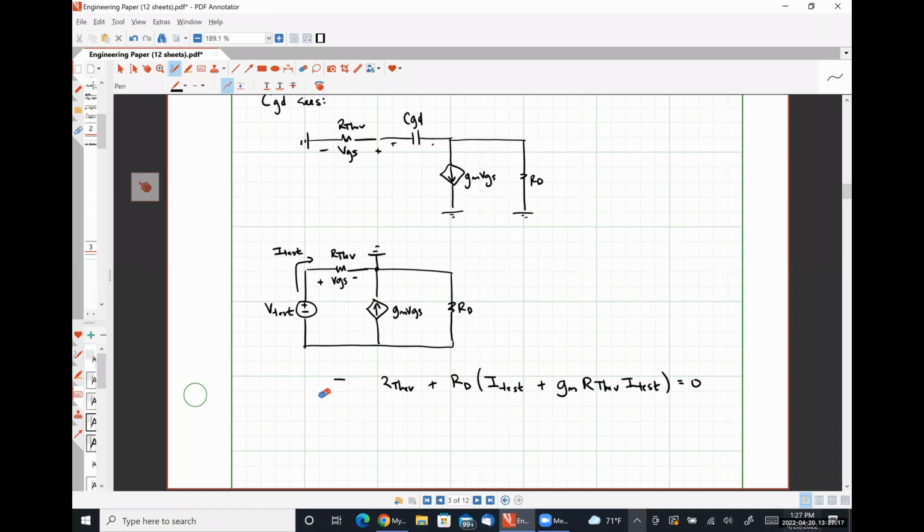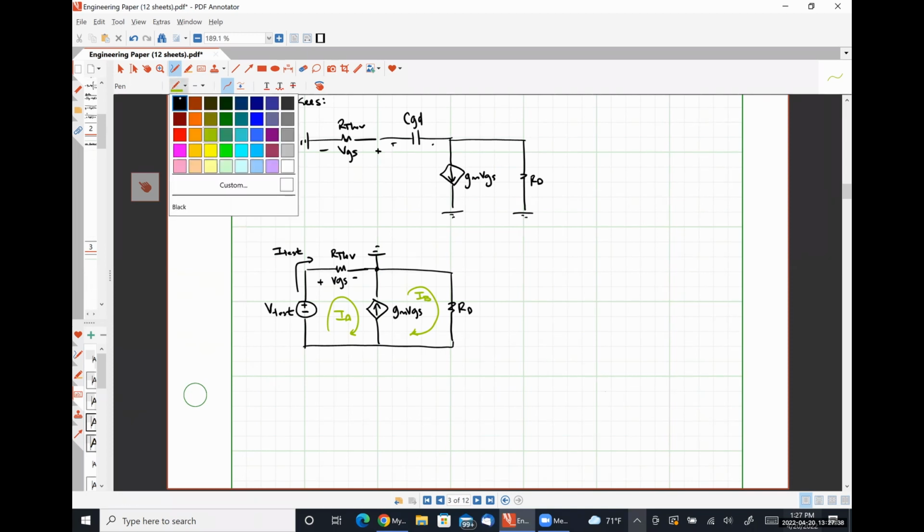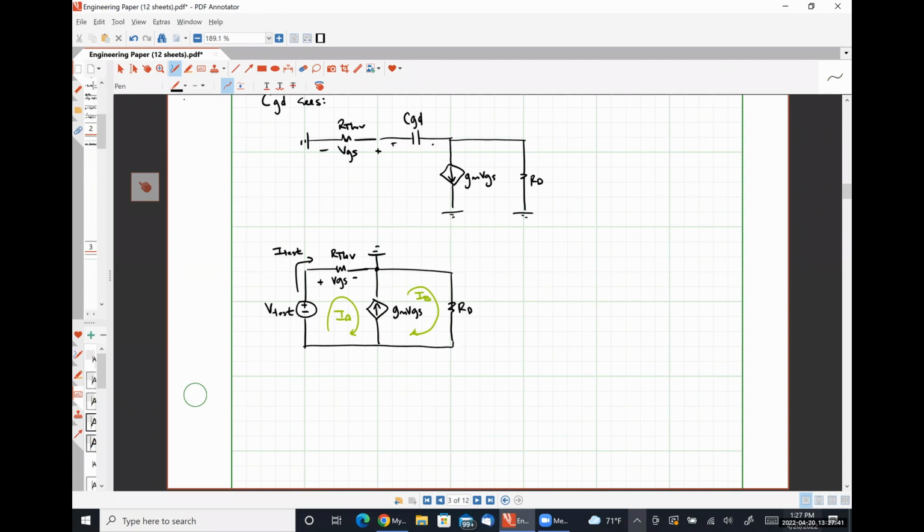So if we were to do mesh analysis here, let's call this guy mesh current IA, and this guy mesh current IB, right? We can see intuitively that IB minus IA is equal to gm VGS. And we know that VGS is just R Thev times IA.